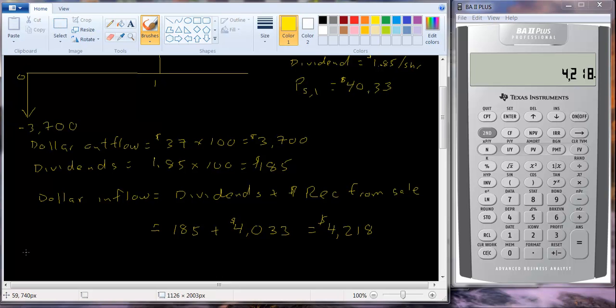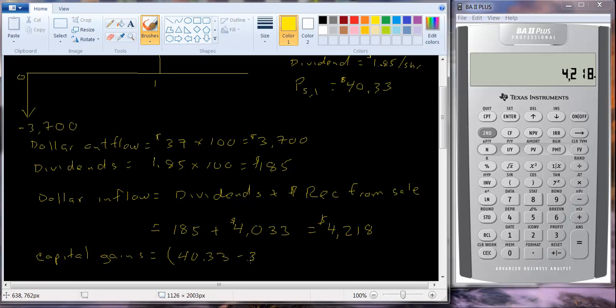Now, there's a couple of ways to look at what we received. Sometimes we like to look at something referred to as capital gains. We already did the dividends. Capital gains represent the amount of money that we make from selling the stock at a price that exceeds the price we paid for it, times the number of shares we had. So in this case, we sell the stock for $40.33.